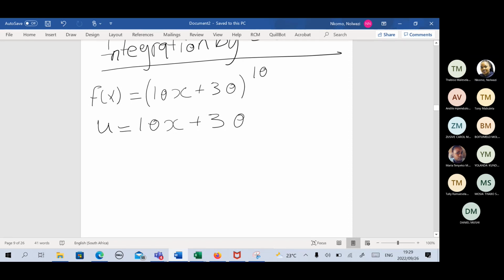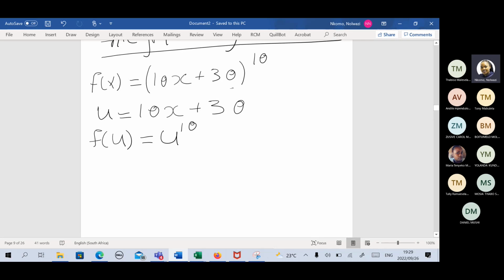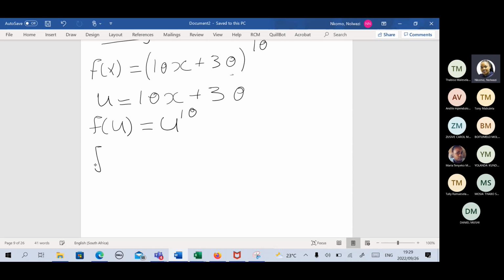Meaning our new function is f of u is equal to, we said this is u, right? Is equal to u to the power 10. Meaning if we are asked to integrate this term, we are asked to integrate u to the power 10 with respect to u, right?